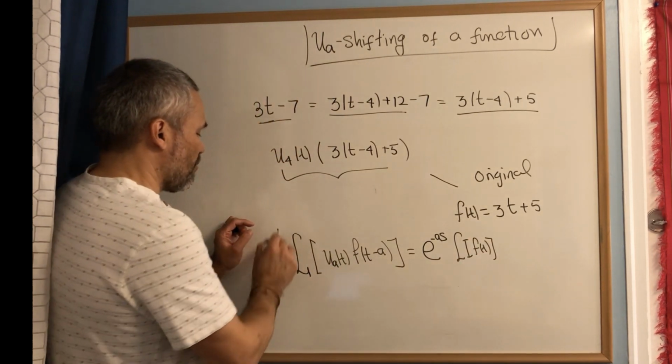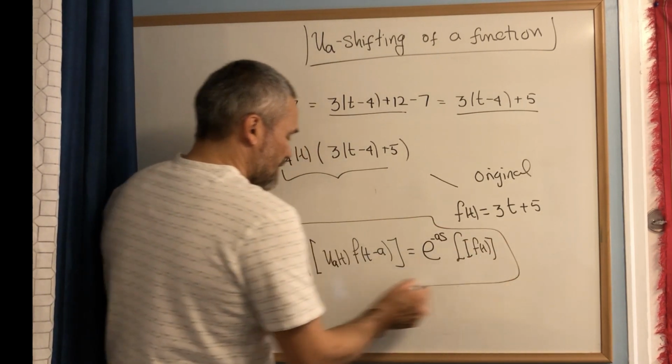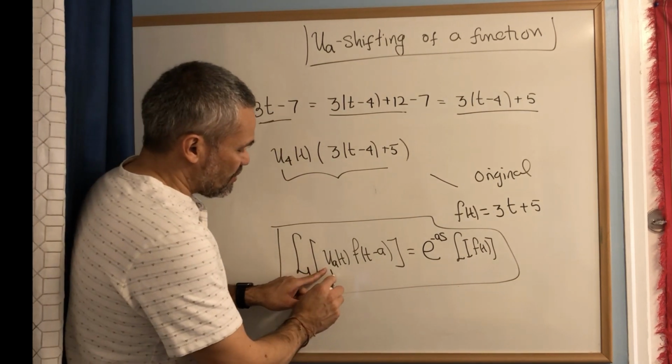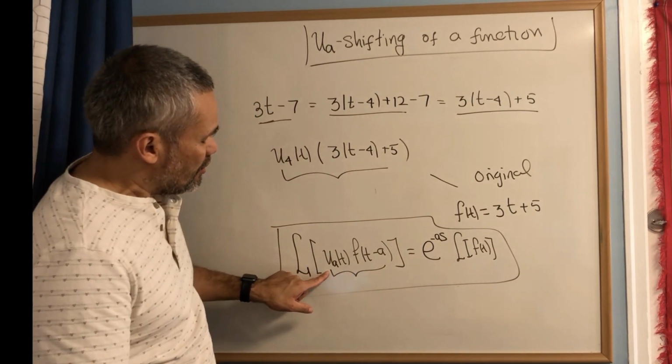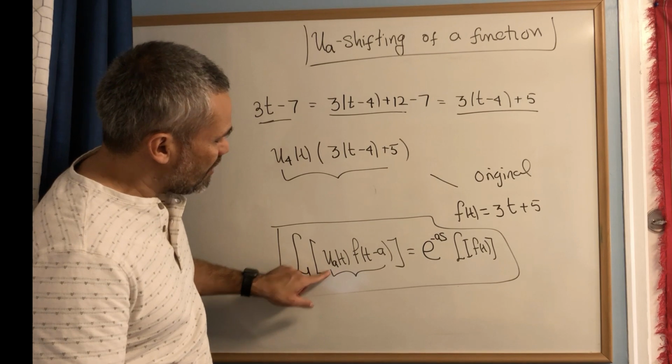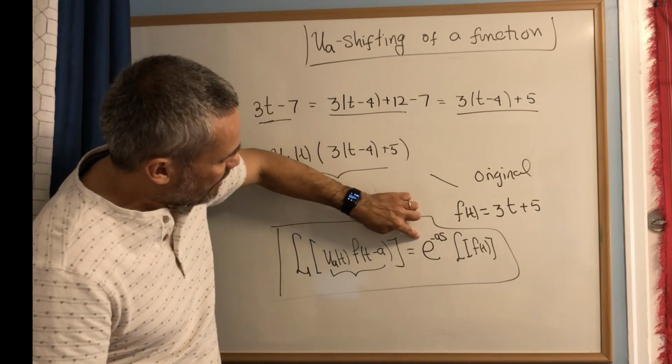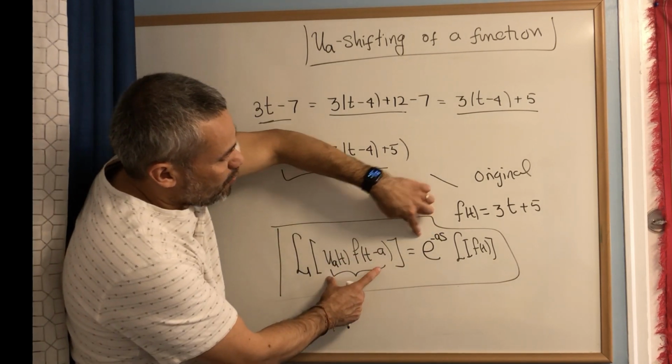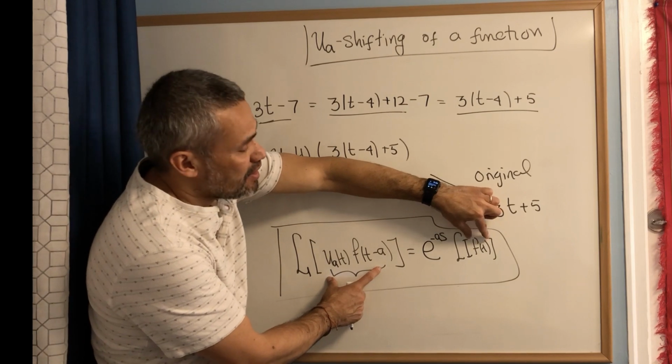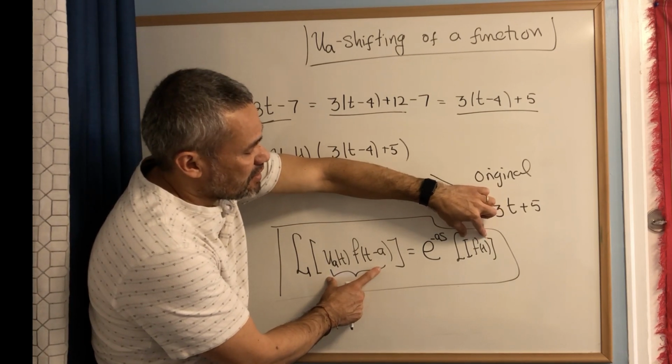If you look at this formula, you notice that anytime you have an expression like this and you want to compute the Laplace transform, this part is easy, but then you want to find out what the original function f of t is, so that you can do this.